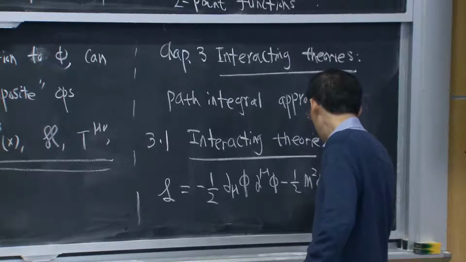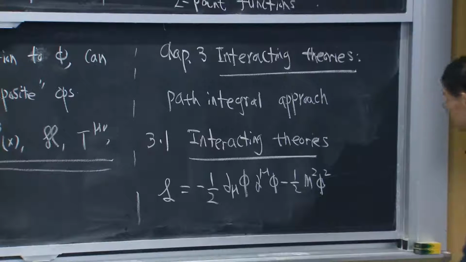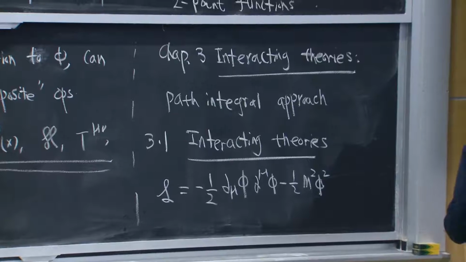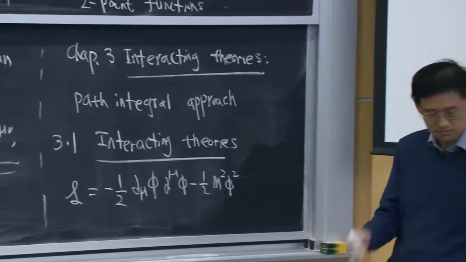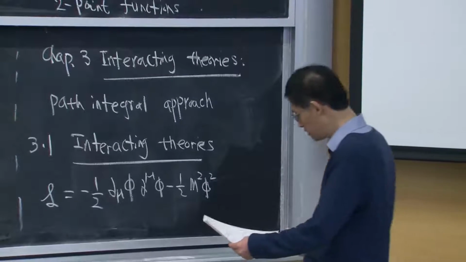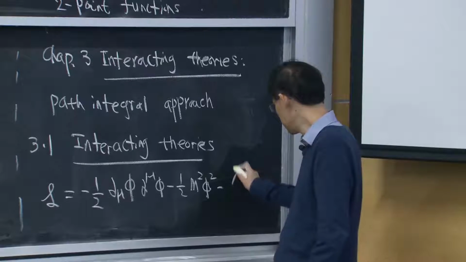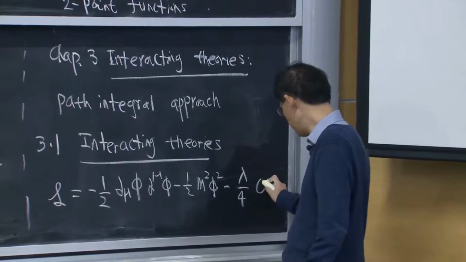And we found it's a theory of free particles. Now we can easily make this a theory of interacting particles if we just add some higher order powers. For example, one of the simplest powers is phi to the power 4.